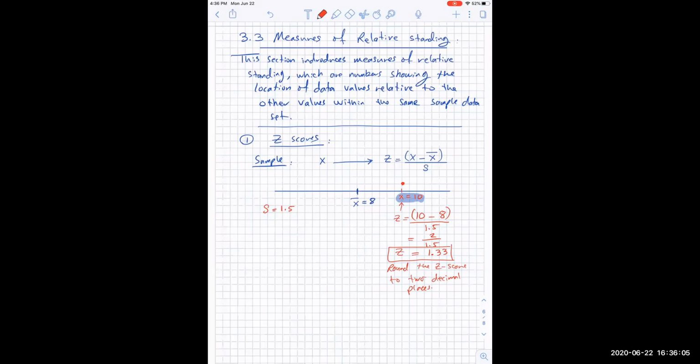Now, if the z-score of a data value is 1.33, this means that the data value is 1.33 standard deviations above the mean.